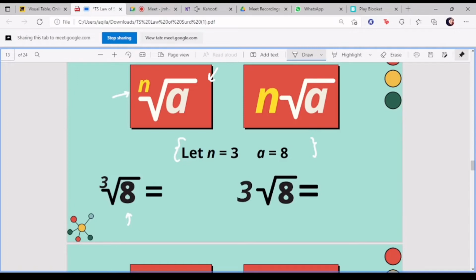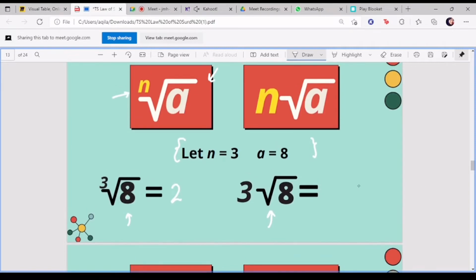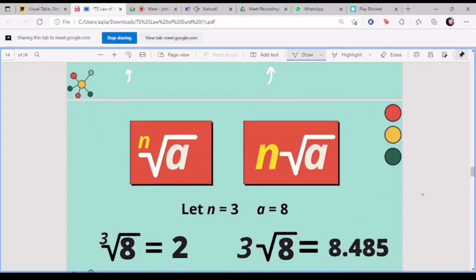If we put it into the calculator, what value do you get? 2. Okay, you get 2. So how about this one? 8.485. 8.485, right? Okay, let's see the answer.